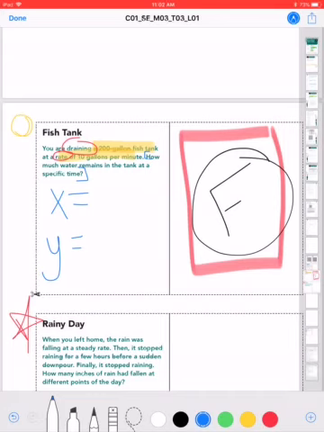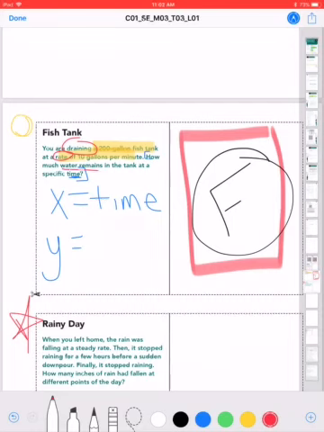So our two variables for this situation is time. Time is our first variable. So it's asking for a specific, at a specific time. So time is our first variable. Our second variable is the water that remains.